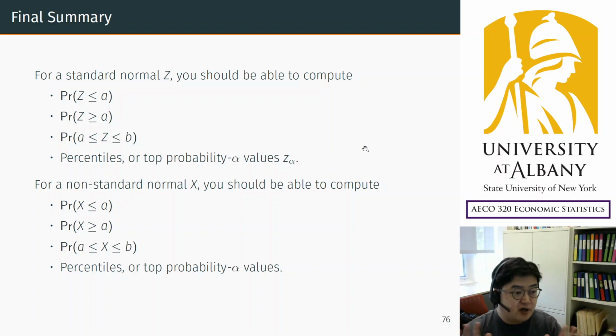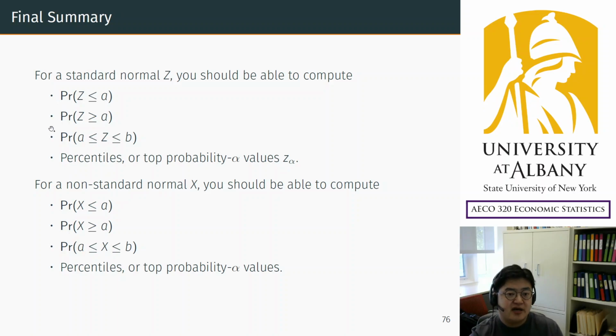Okay, this is the end of the video. We learned in this video about the normal distribution, and how to calculate these probabilities: probability smaller than, which is cumulative probability, probability greater than something, or probability in between two points. And percentiles.